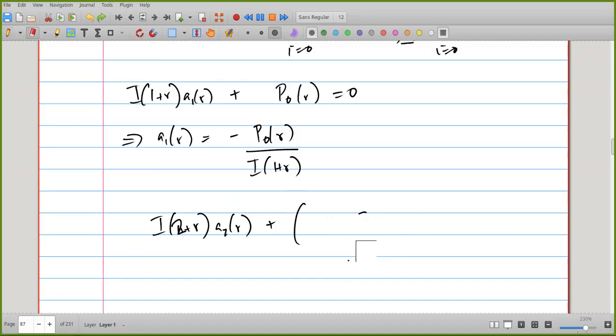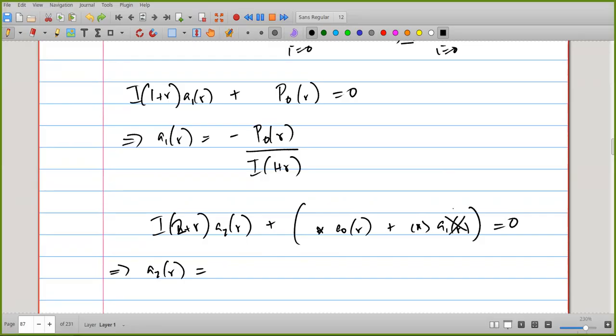So I can write this as something times a0r plus something times a1r is equal to 0. So this implies that a2 of r is equal to, absorbing that something into the star, divided by 1 plus r. Then I can clear denominators, and this is going to be minus something divided by I of 1 plus r into I of 2 plus r.